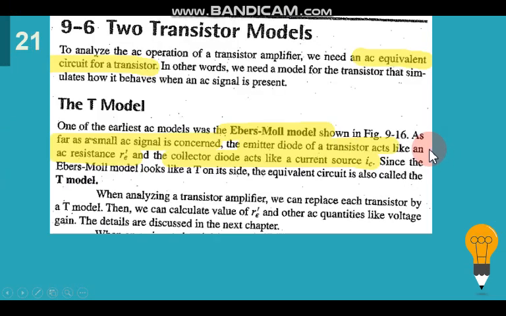Now, to perform the AC analysis, we need to represent the transistor by its AC equivalent circuit. For that we have two different models, the T model and the pi model. The T model is called the Ebers-Moll model. Here the emitter diode of the transistor acts like an AC resistance RE dash, and the collector diode acts like a current source IC.